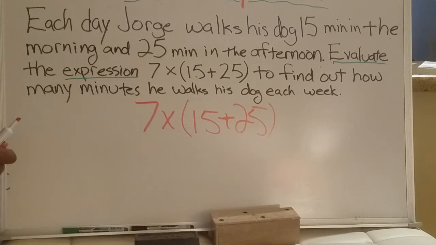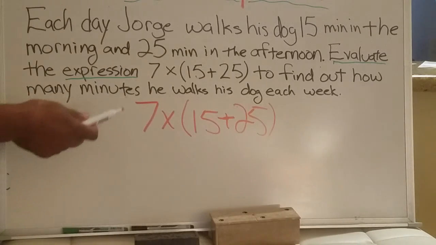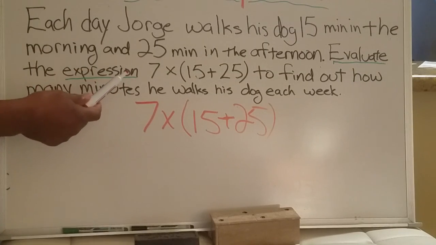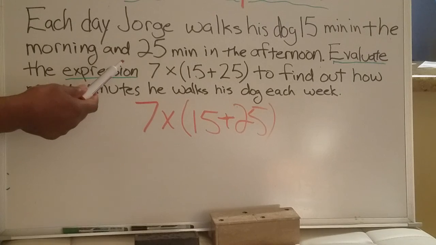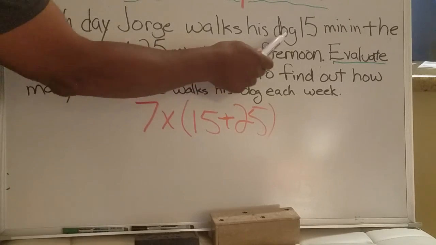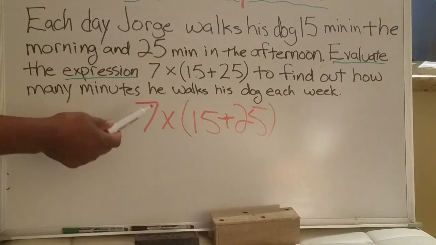So you may ask, where does this come from? Here's where it comes from. If you want to know how much Jorge actually walks his dog every day, you'd go up to the problem and it says he walks his dog 15 minutes in the morning and 25 minutes in the afternoon.